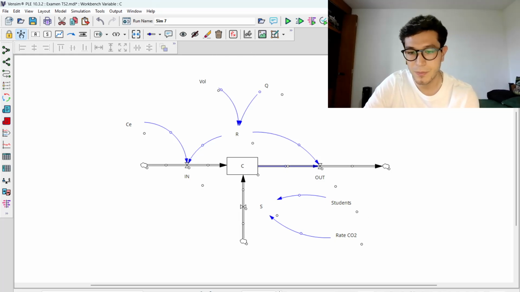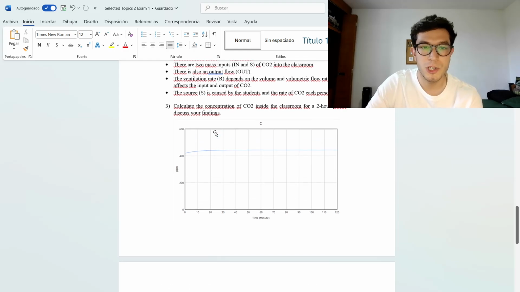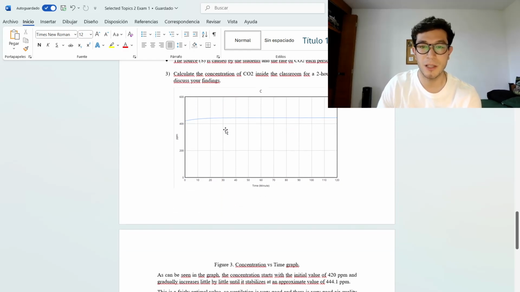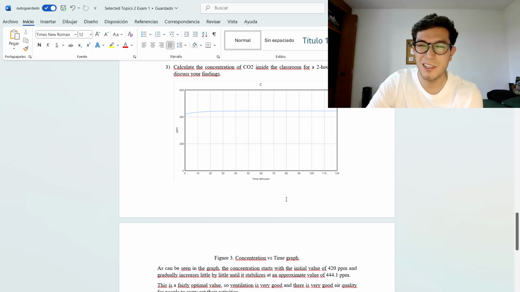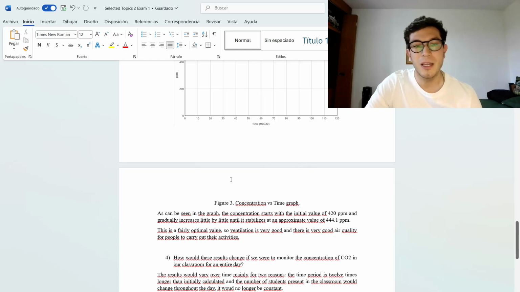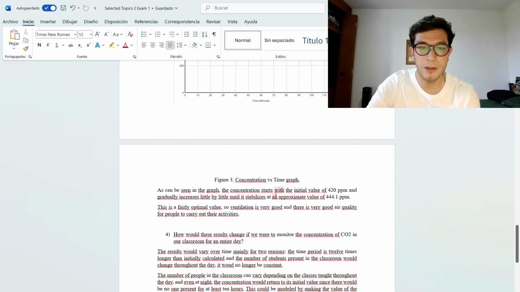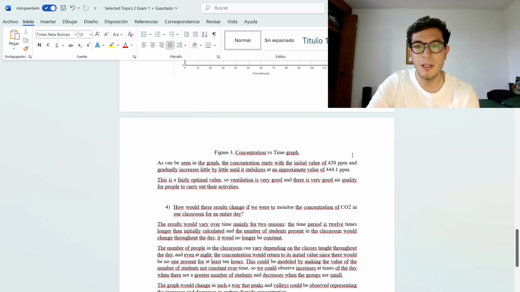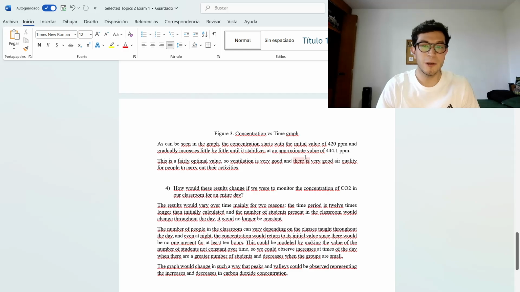So I obtained this graph, which shows that the concentration does actually increase, but it does so very lightly, very poorly, so to speak, because the initial value of concentration was 420 parts per million, and by the end of the 2 hours, the model gives us that the concentration stabilizes at about 444.1 parts per million, which is a fairly optimal value.